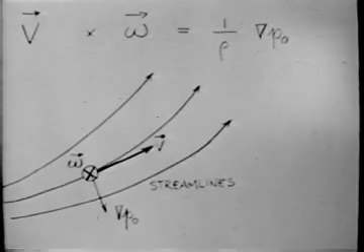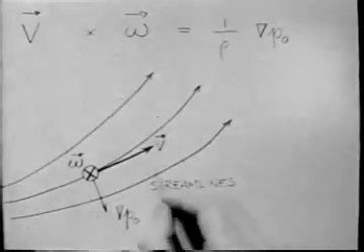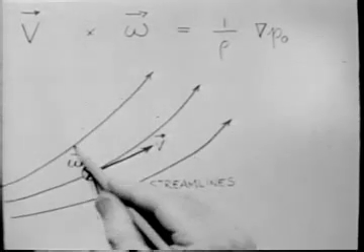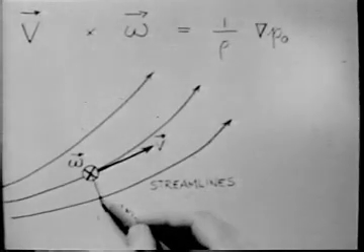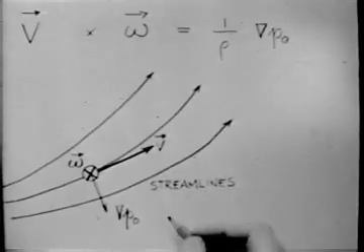So the stagnation pressure, P0, is constant along each streamline and varies between streamlines only if vorticity is present. To illustrate, look again at the straight boundary layer.